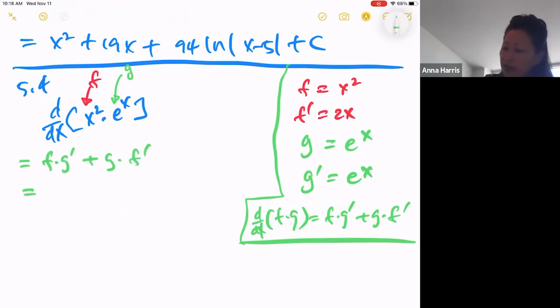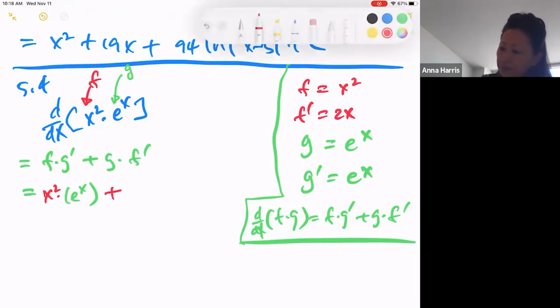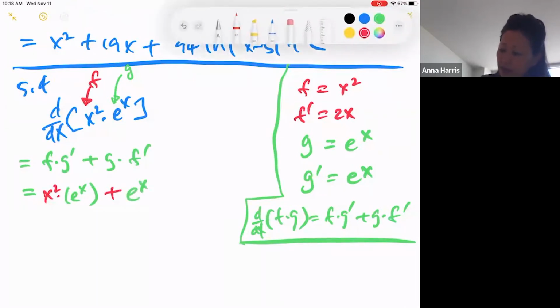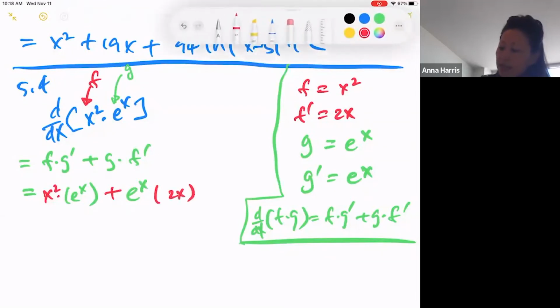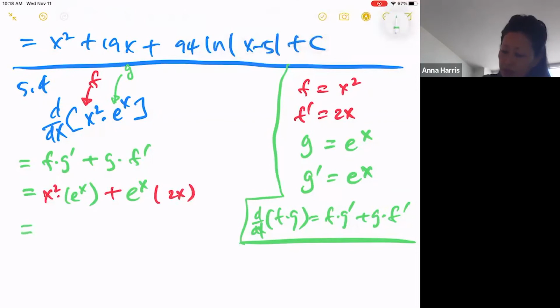So my f is x squared, my g prime is e to the x, plus g, e to the x, f prime 2x. So we can combine this. When we combine, e to the x is a common factor, so I have e to the x times x squared plus 2x. So we're done.